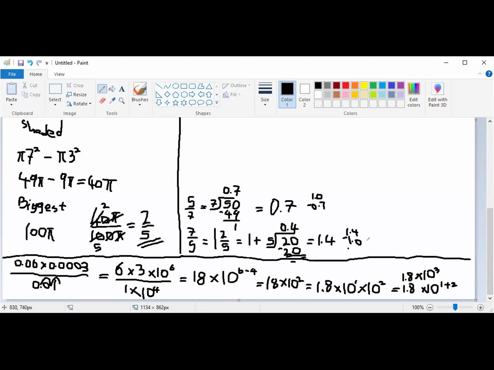Do you agree with this so far? Yes. 0.4. And then that's going to give me what on this side? 0.3, isn't it?